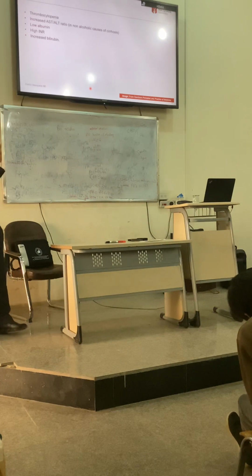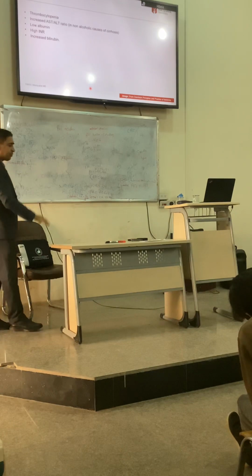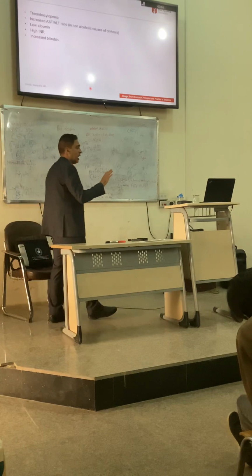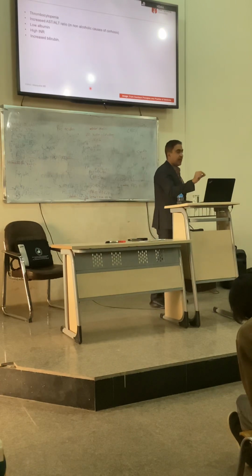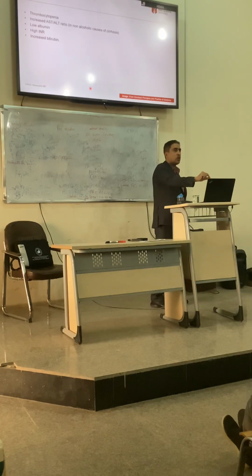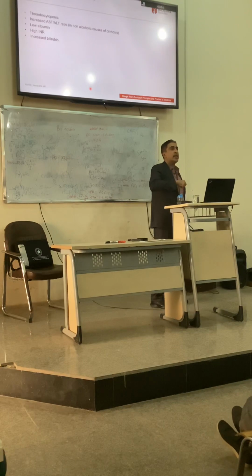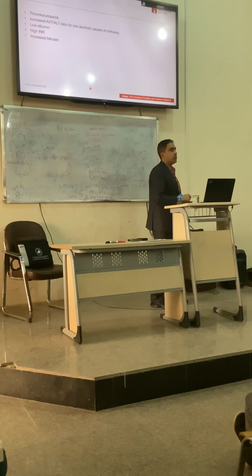It is not pathognomonic, it is not the only cause for these abnormalities, but you need to keep in mind that if you encounter any of those signs, it can help you to confirm the diagnosis of patients with liver cirrhosis. Okay?